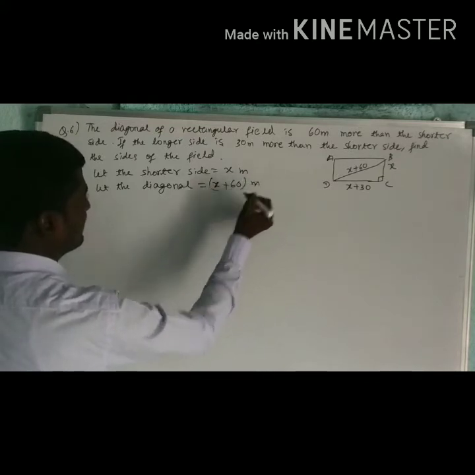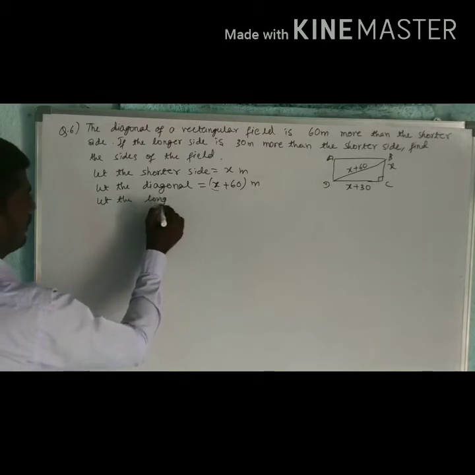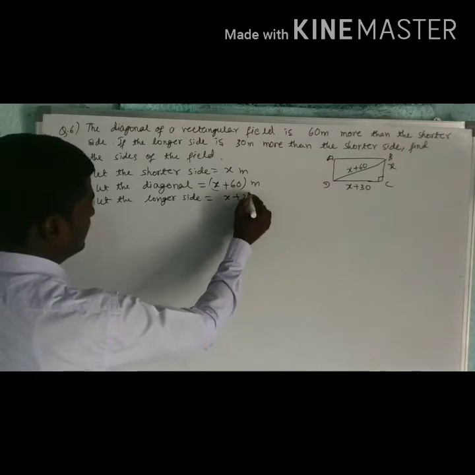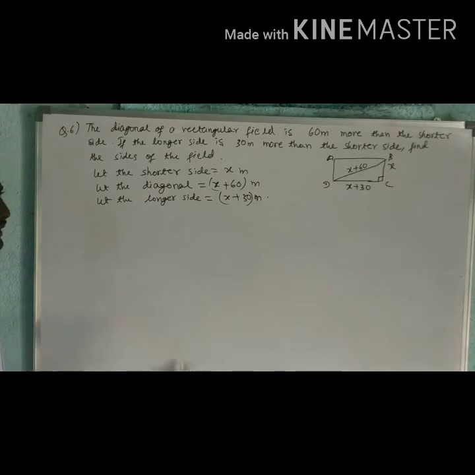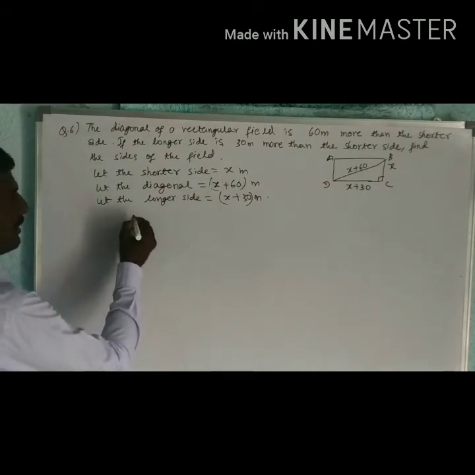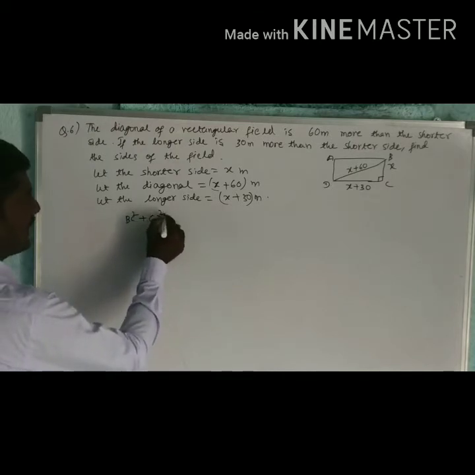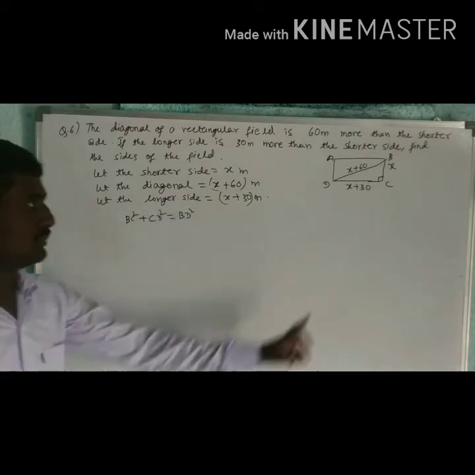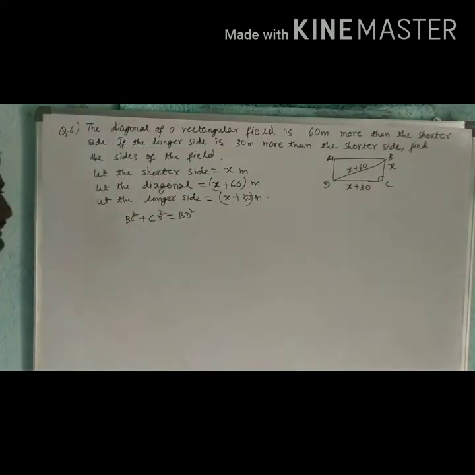And another one, let the longer side be x plus 30 meter. Now I will apply the Pythagoras theorem. By Pythagoras theorem I can write BC square plus CD square is equal to BD square. So BC square plus CD square is equal to BD square by Pythagoras theorem.